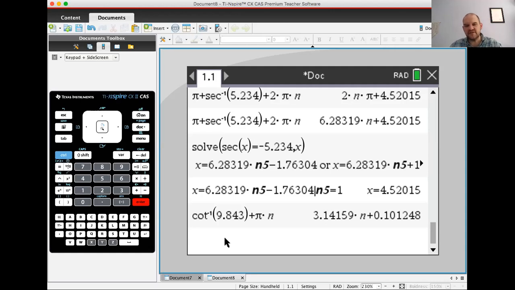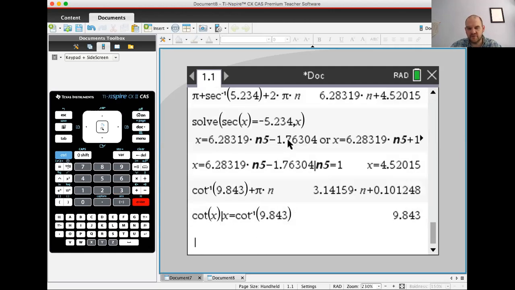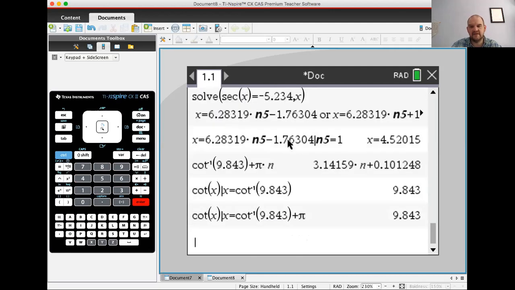It's hard to check these, well, not impossible. You basically know that this is definitely right. Arc cotan of 9.843 definitely works because we're supposed to get 9.843. And if I add pi to that, I still get that. So it definitely is working.